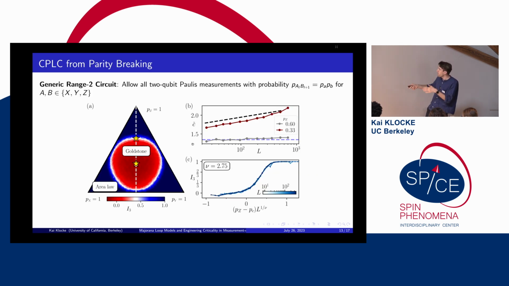And it turns out that if I look at some extremely generic Clifford circuit, say that only has 2-qubit Pauli measurements, with some operator A, B measured with probability A times probability B, as soon as I break away from the free fermionic limit, I can open up this Goldstone phase. It has the same universality that we just saw before. And this really is not a fine-tuned case at all. So this Goldstone phase shows up in a massive family of measurement-only Clifford circuits.